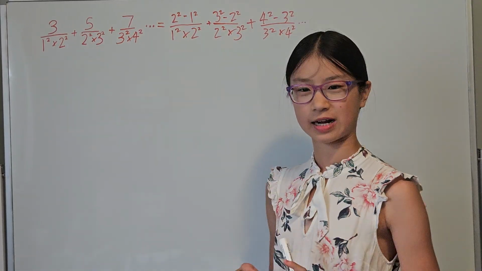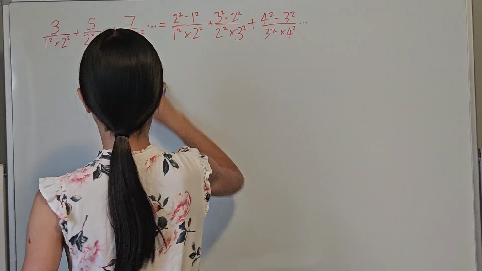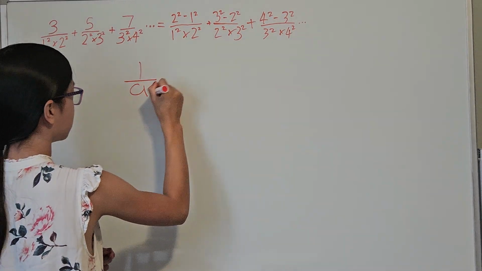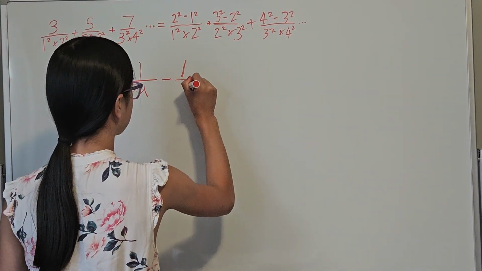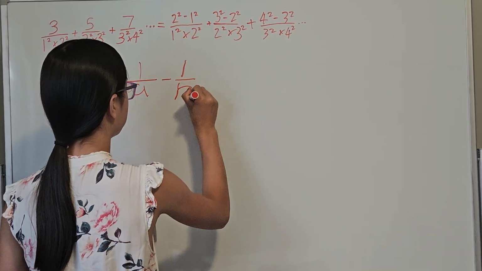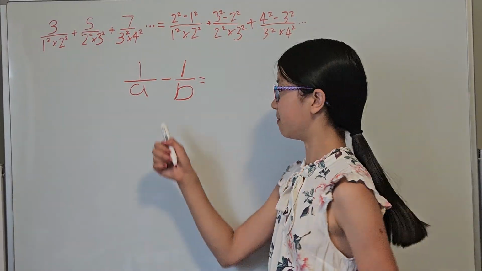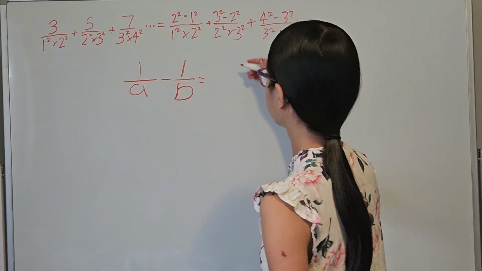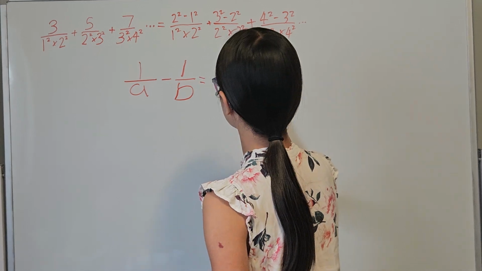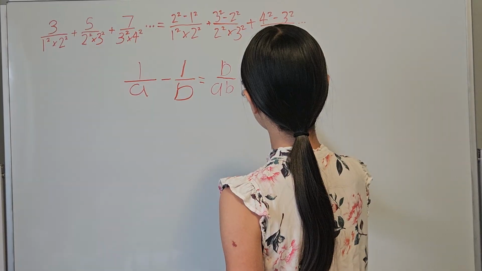So if we grab two unit fractions, 1 over A minus 1 over B, we could try to make the denominators the same by multiplying this by B and this by A. So it's going to be B over AB minus A over AB.